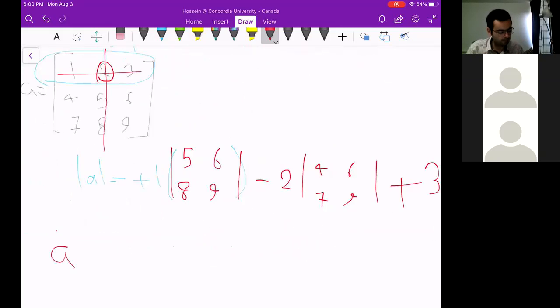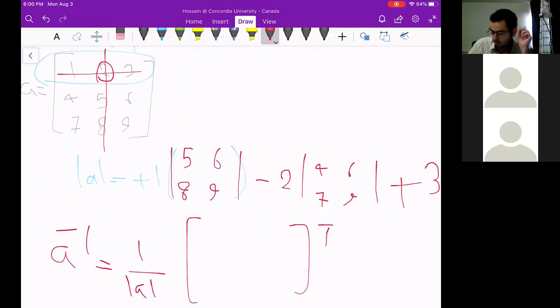And A inverse, if A was 3 by 3, would be 1 over determinant times the transpose of adjoint, so the transpose of A star. A star is the adjoint matrix.